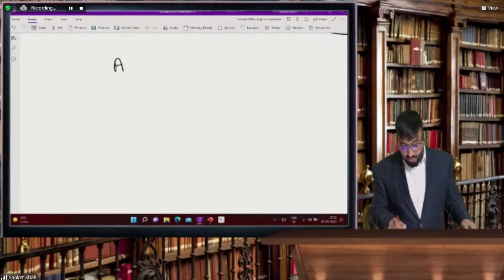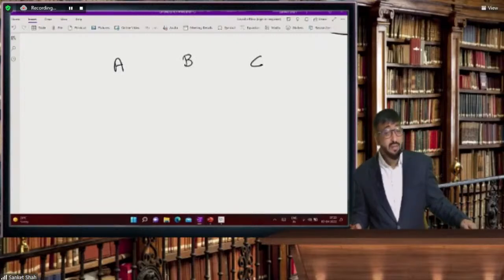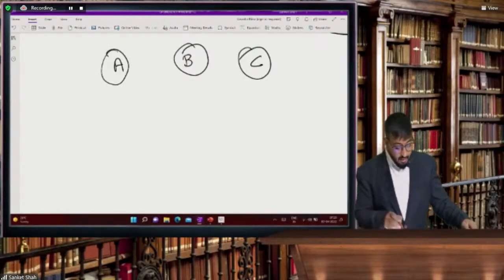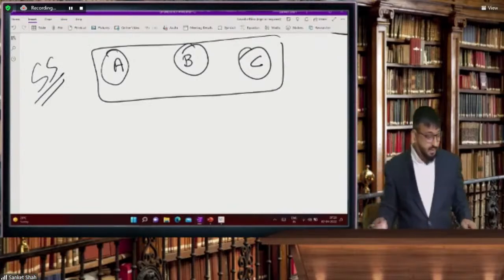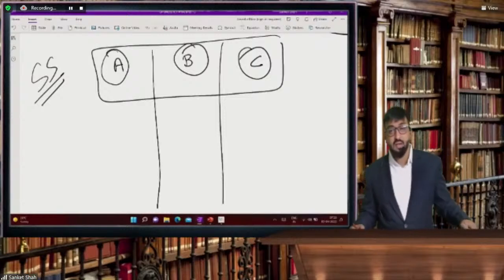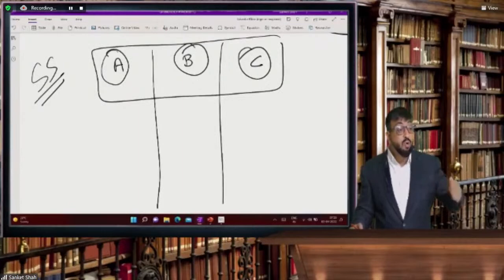Okay, so beta, ABC are 3 departments, 3 different managers. Ultimately, suppose Sanket sir is handling this company. So वो कैसे कंपनी के एम्प्लॉयज को मोटिवेट करेंगे? How is he going to motivate ABC department managers?